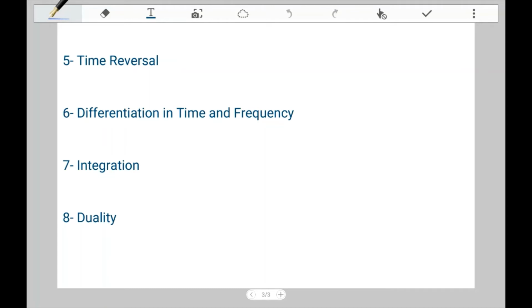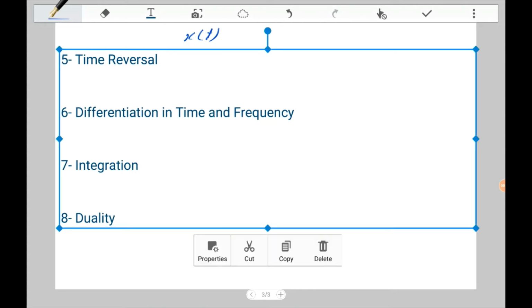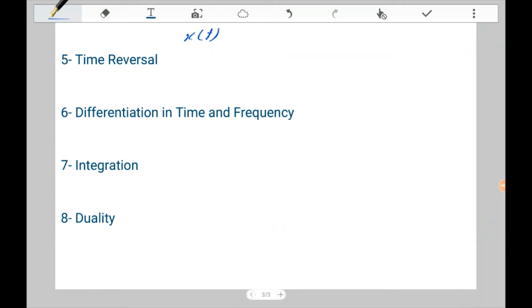The next property of Fourier transform is time reversal. As we are assuming that our signal x of t is a continuous time signal, its transform will be X of omega.